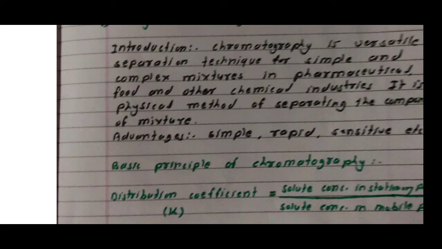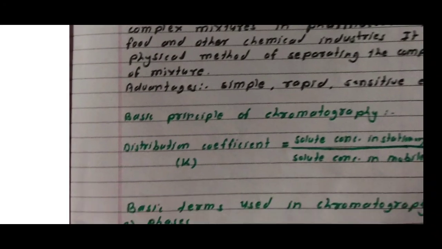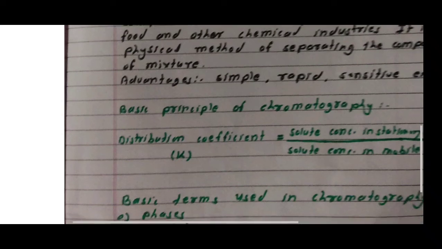You remember that the concentration ratio of solute at equilibrium is called the distribution coefficient, denoted by the letter K. Here, distribution coefficient is equal to solute concentration in stationary phase to solute concentration in mobile phase.